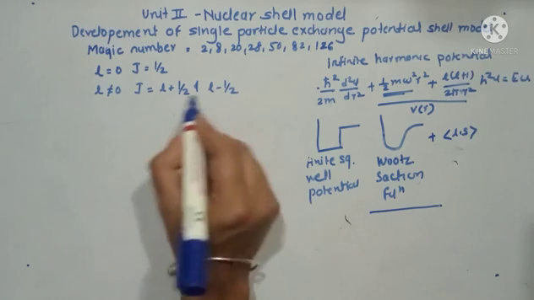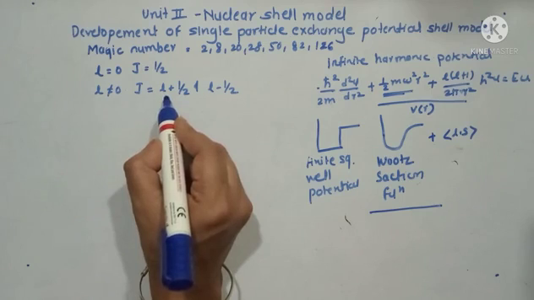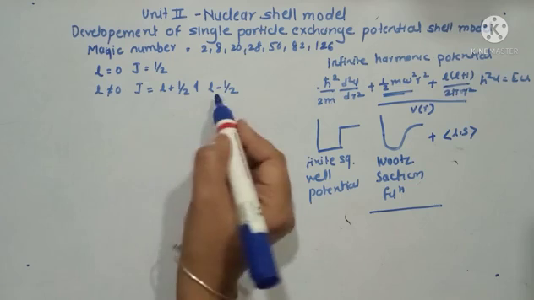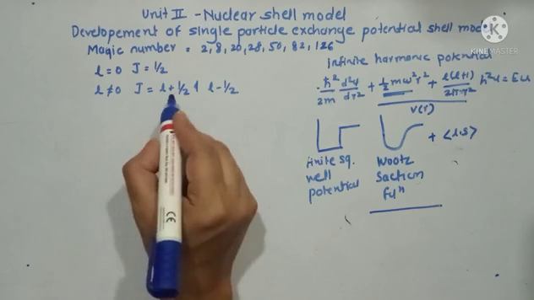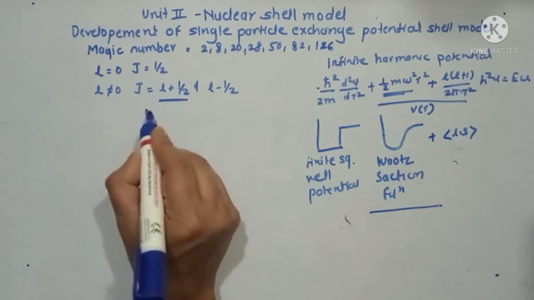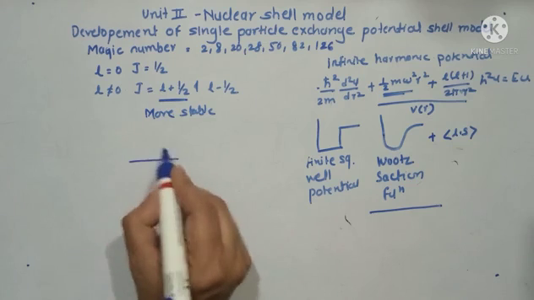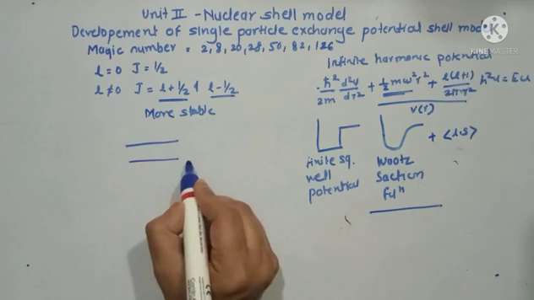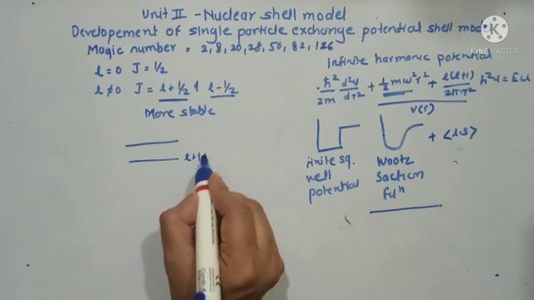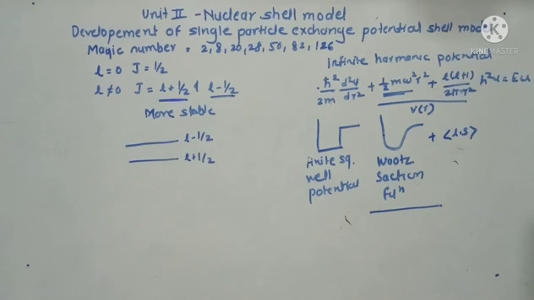So for L not equal to 0, the energy level is split into two: one is L plus 1/2 and another is L minus 1/2. Out of these, L plus 1/2 is more stable and is shifted downwards, while L minus 1/2 has more energy, so it is shifted upwards.